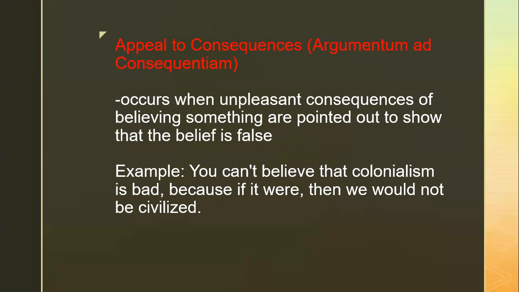Example, you can't believe that colonialism is bad because if it were, then we would not be civilized. So which means that an action is valid or invalid based on one result, believing that it is really a result of the premise being presented.